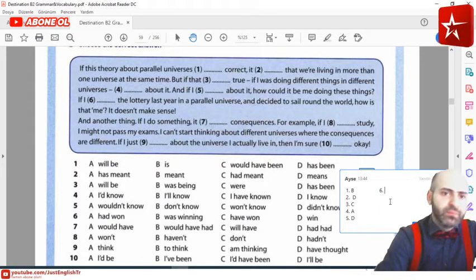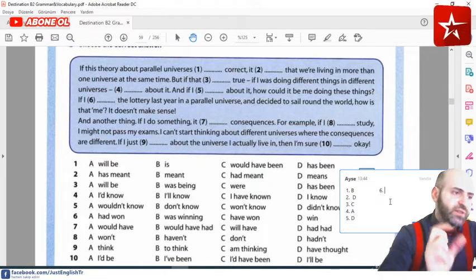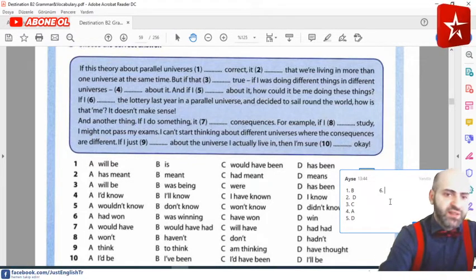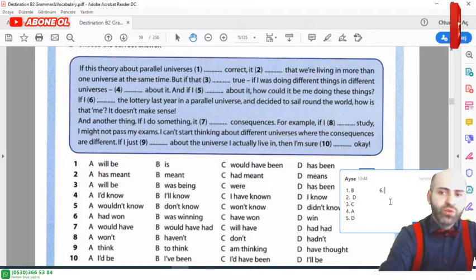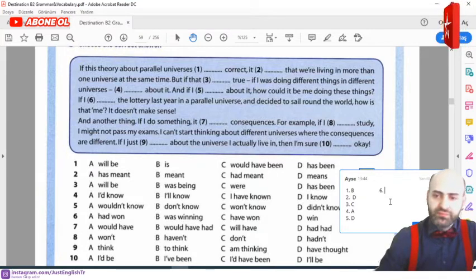Number 6. If I, blah blah blah, the lottery last year in parallel universe. Already you see last year, so you can understand. Had won, was winning, have won, or win. Which one is for number 6, guys?